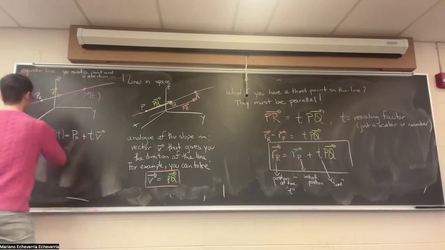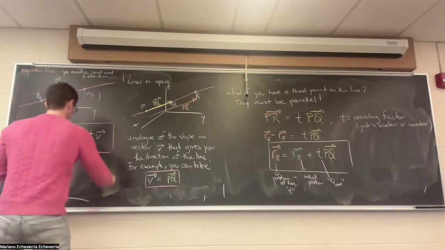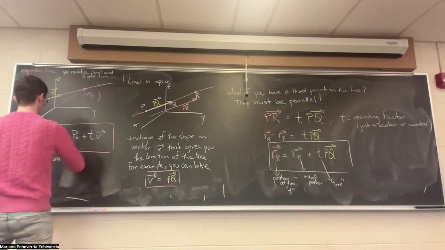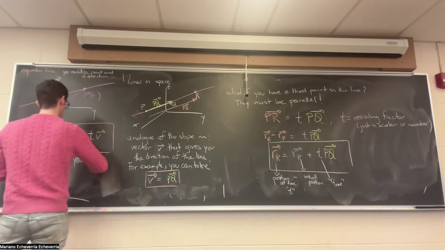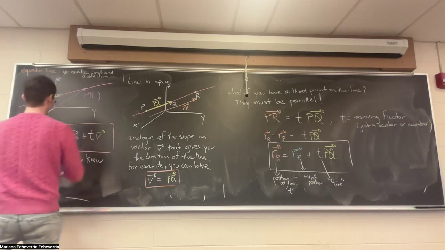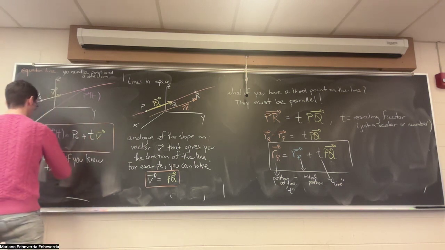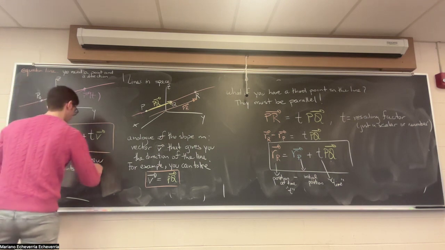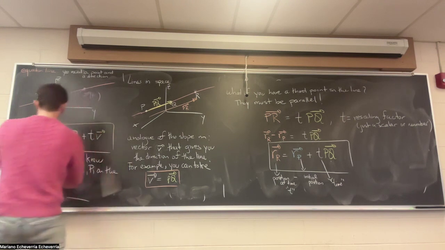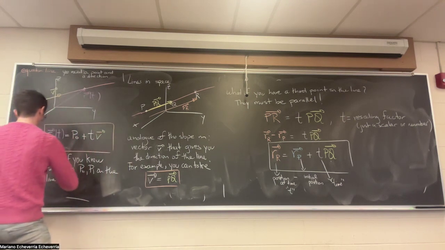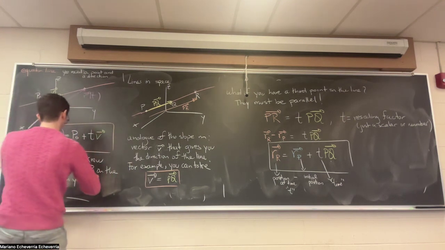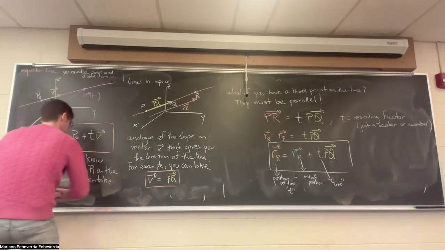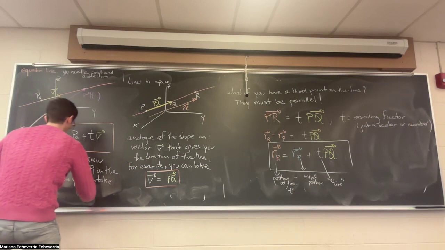So V, for example, if you know two points on the line, P naught and P1 on the line, you can take V to be the vector between them.